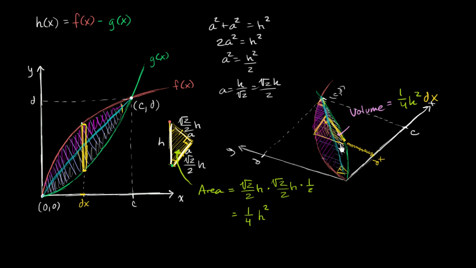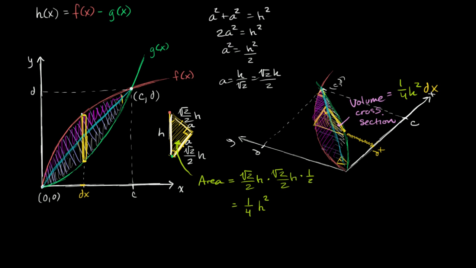And so if we just integrated a bunch of these from x equals 0 all the way to x equals c, we essentially have the volume of the entire figure. So how could we write that? We're kind of in the home stretch here. Actually, let me write it right. This is the volume of a cross section.